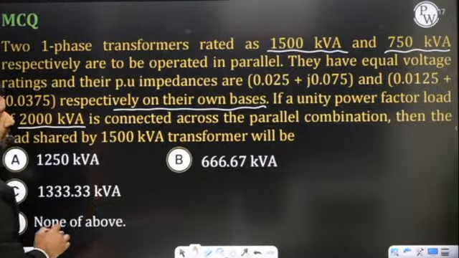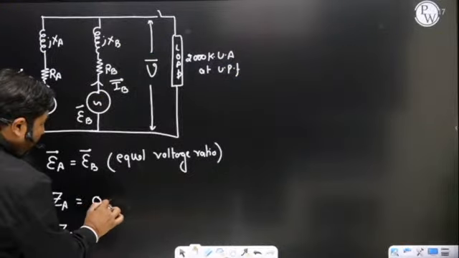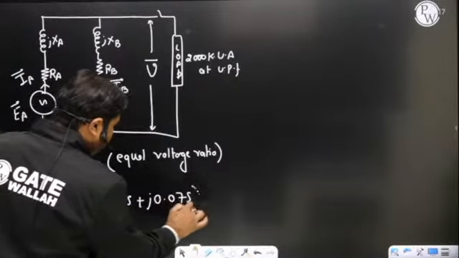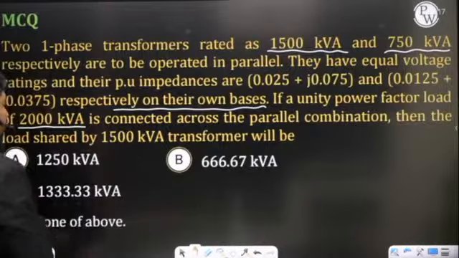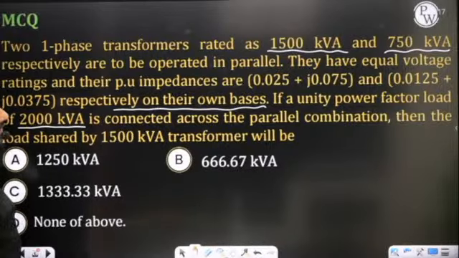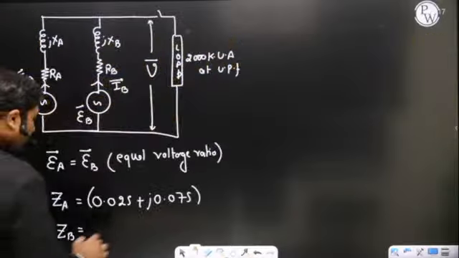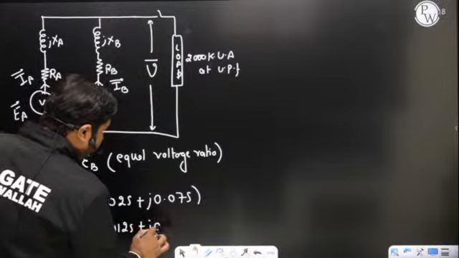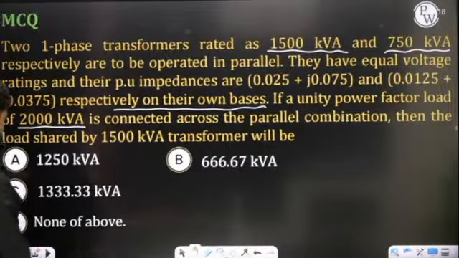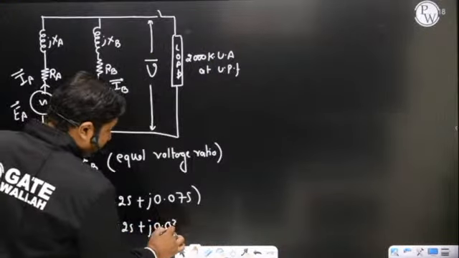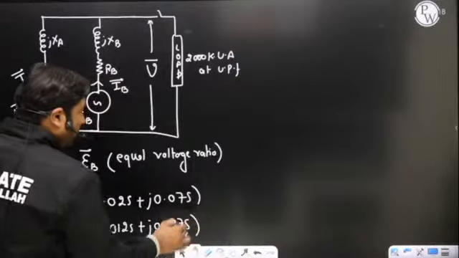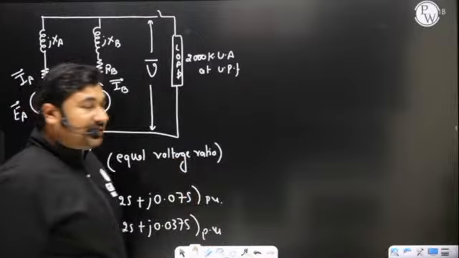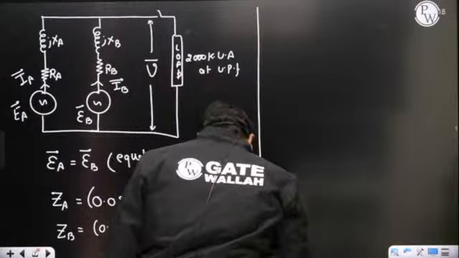ZA is 0.025 plus j0.075 per unit, and ZB is given as 0.0125 plus j0.0375. But they are in per unit on their own base values. Now please observe.